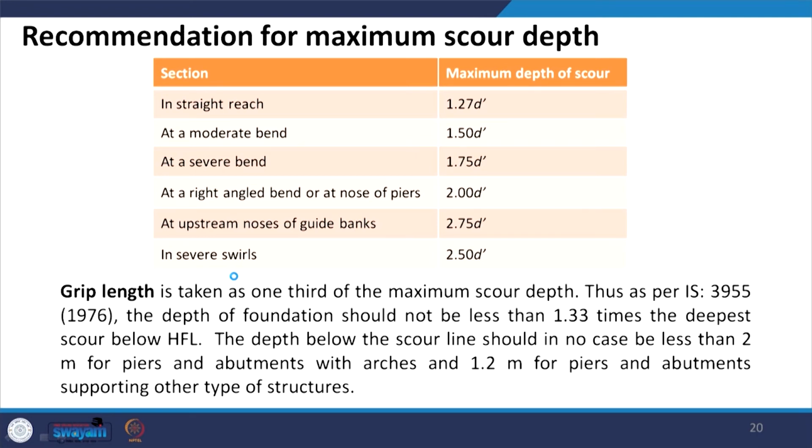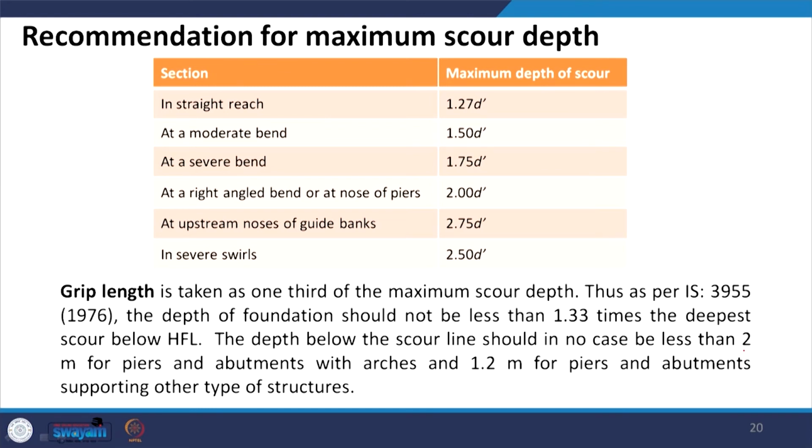Thus, as per the IS code, the depth of foundation should not be less than 1.33 times the deepest scour below HFL. The depth below the scour line should in no case be less than 2 meter for piers and abutments with arches, and 1.2 meter for piers and abutments supporting other types of structures.